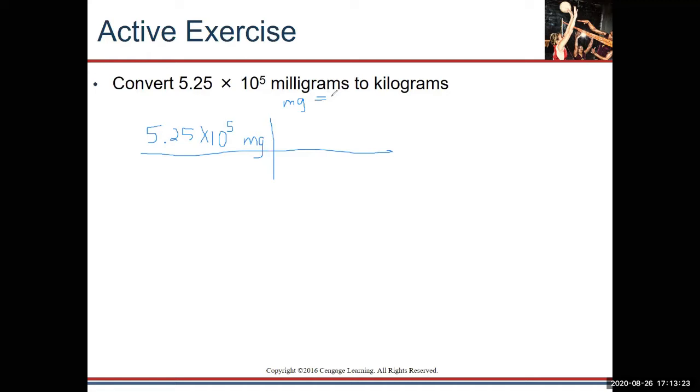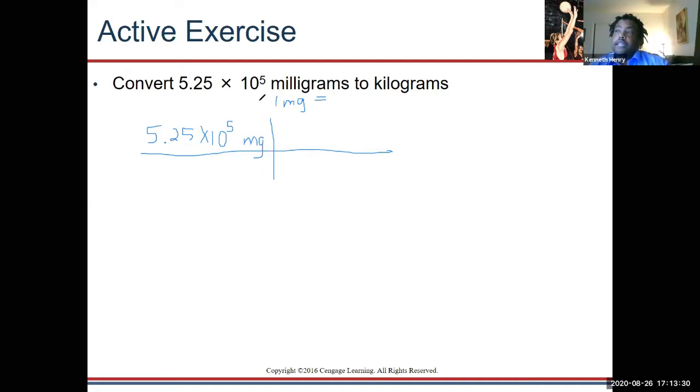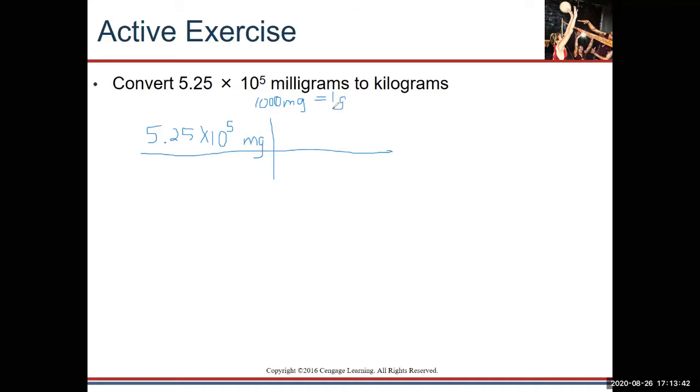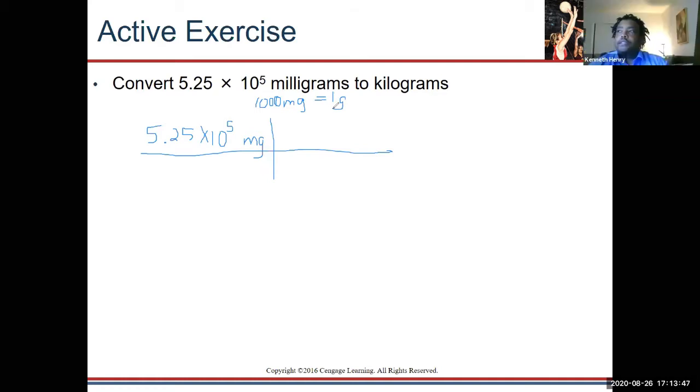So 1 milligram equals 0.001 grams. Or can I just say 1,000 milligrams equal 1 gram, because I like big numbers? Yeah, that works too. Okay, so Heidi, do you know how many grams equal a kilogram?